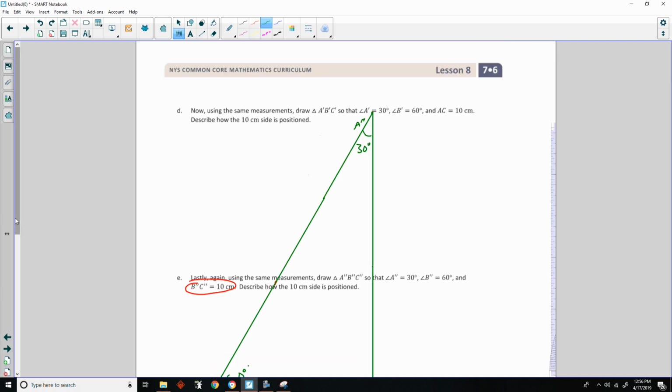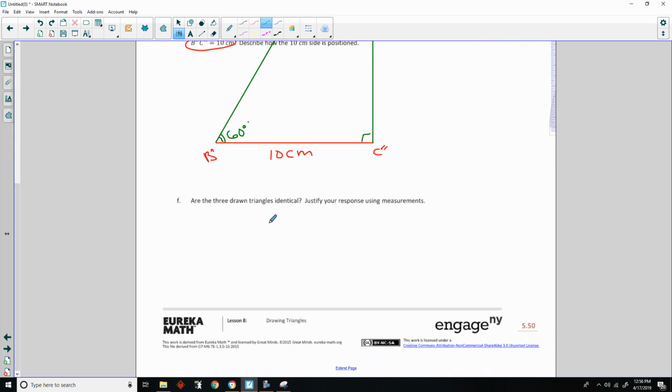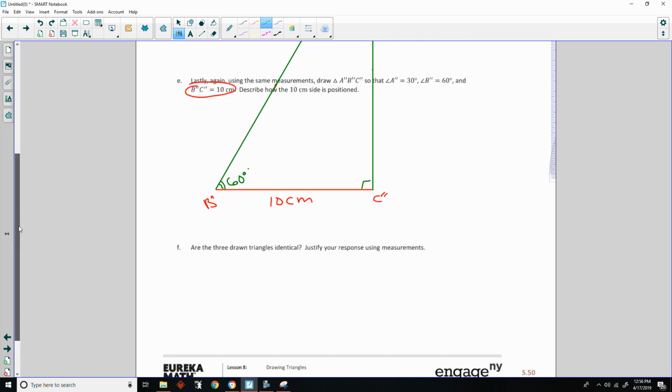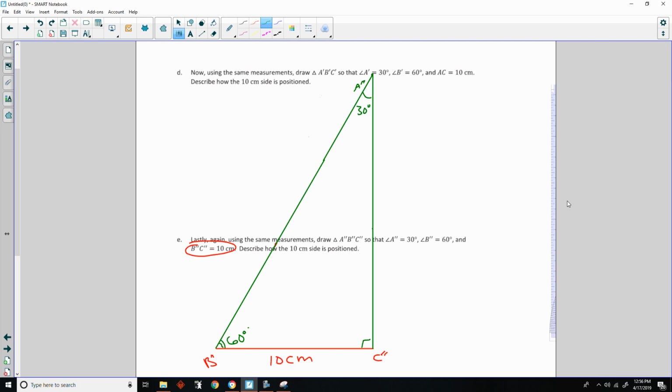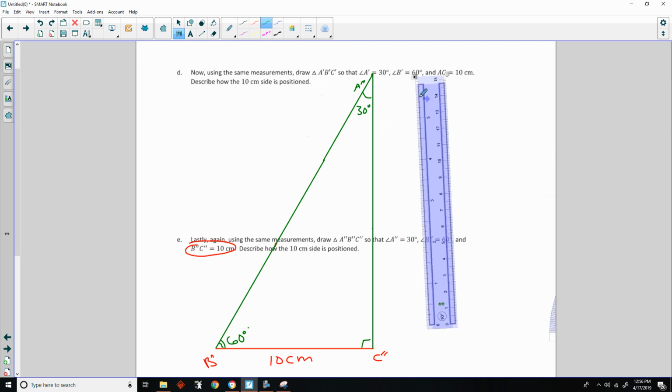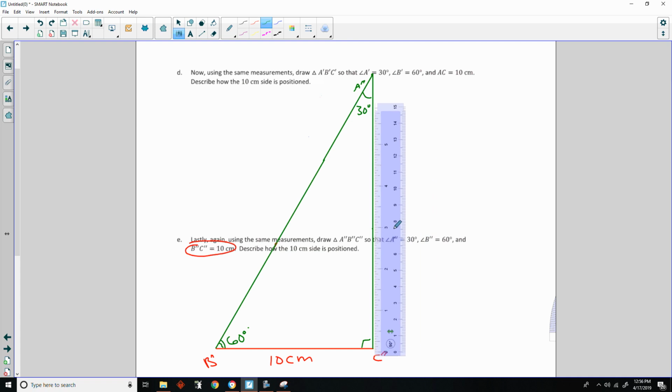Those are more on this page. F. Are the three drawn triangles identical? Justify your response using measurements. Okay, so we need to measure all these. Okay, so it's right at 0.